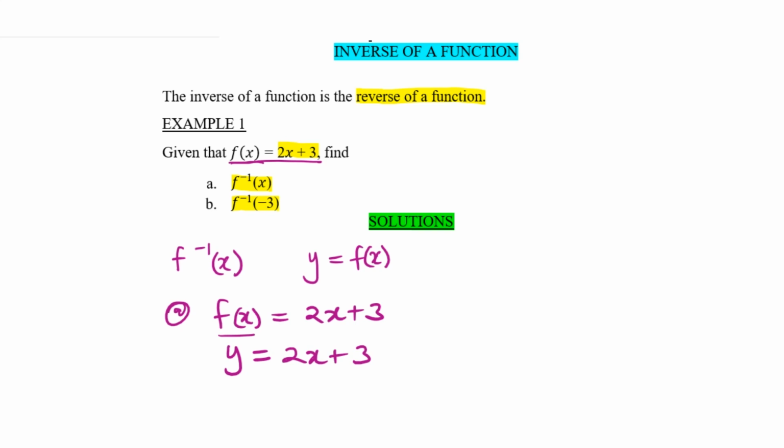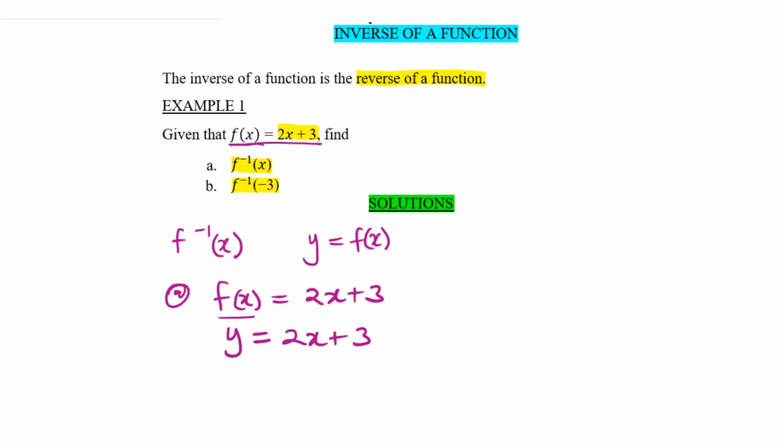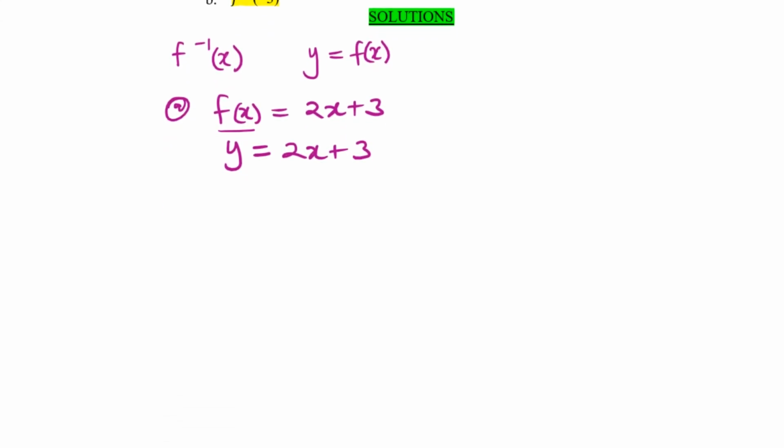From there, we are going to make x the subject. From this function, we want to make x the subject of the formula. So in the first place, 3 goes to the other side. When this positive 3 goes to the other side, it will be y minus 3 is equal to 2x.